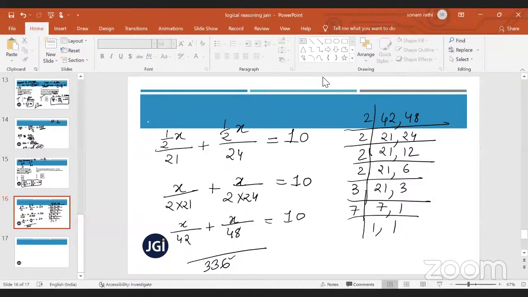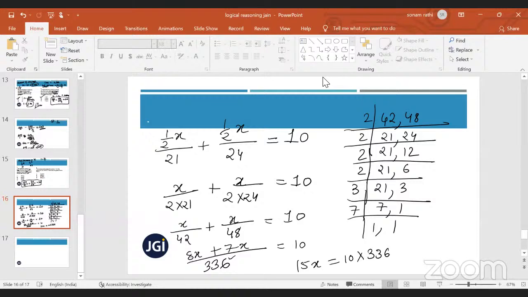336 divided by 42, 8x plus 336 divided by 48, 7x is equals to 10. 8 plus 7, 15x is equals to 10 into 336.